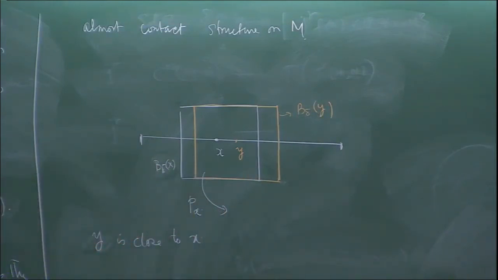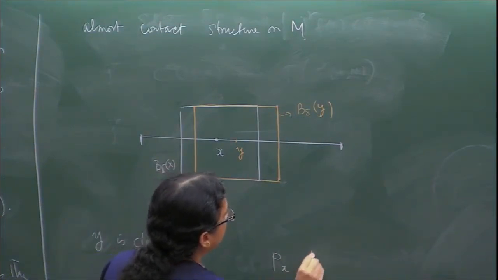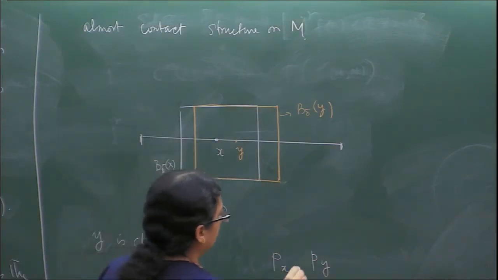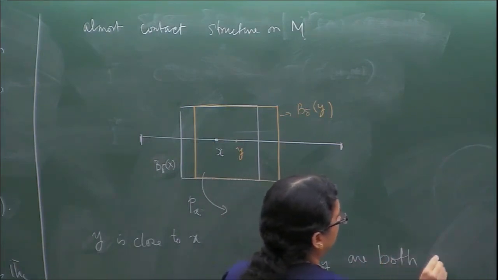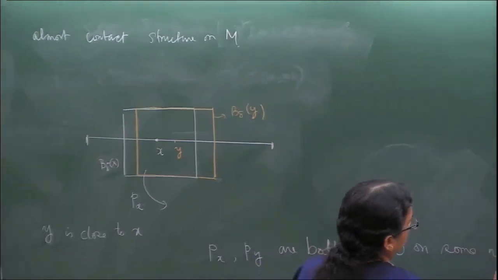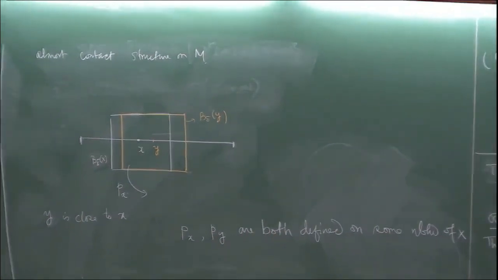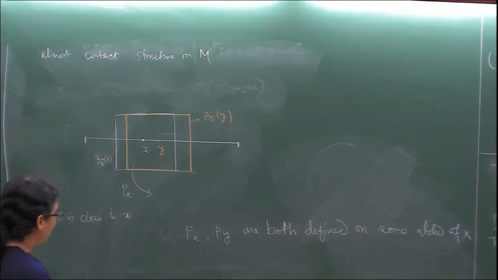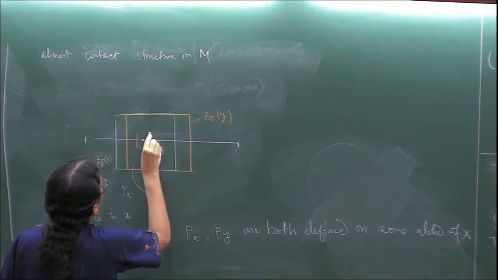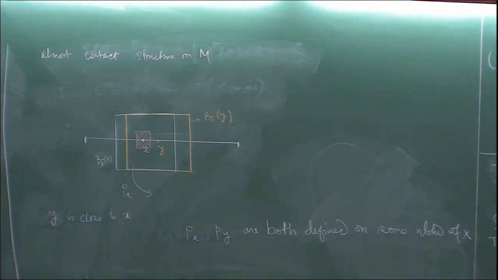What I mean to say is the following: both Px and Py, they are defined on a neighborhood of x. They are close enough. Their domains are, because I have chosen delta. So both Px and Py are defined on a neighborhood of this. So let us fix something. I take a very small neighborhood.